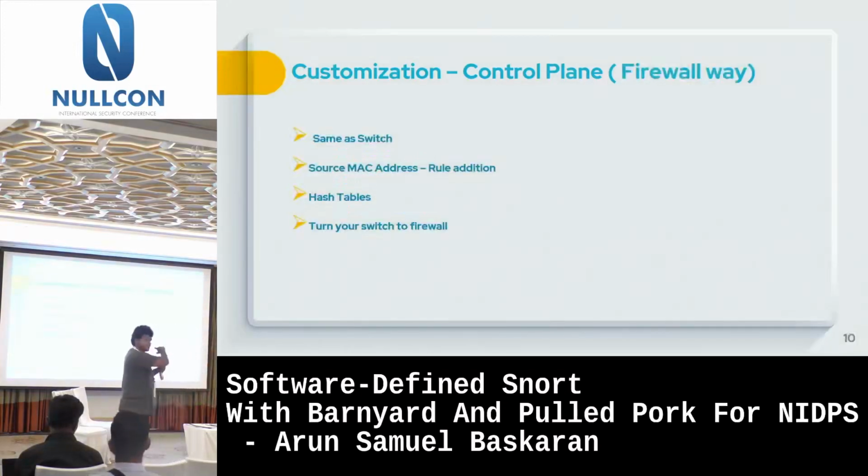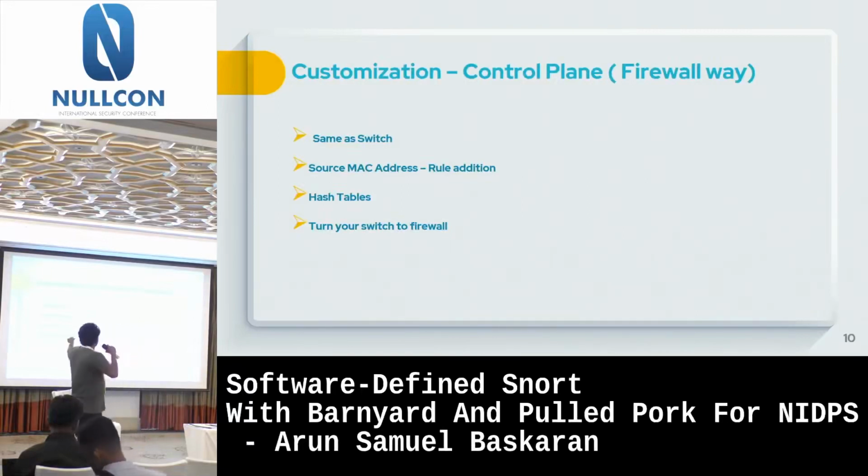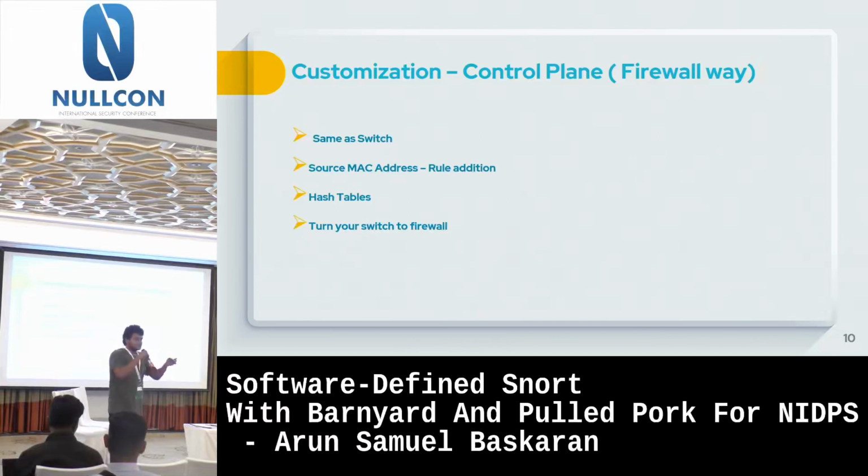So this is the switch way, and the firewall way is the same as the switch, but with a few additions. You can add a rule against the source MAC address, whether it is detected or not. For example, if a continuous set of packets is coming per second for a given amount of time, 20 or 30 minutes, or more than 2 to 3 hours, you can block it immediately.